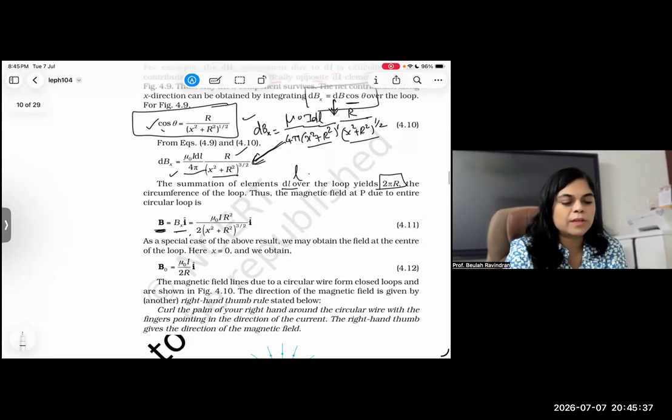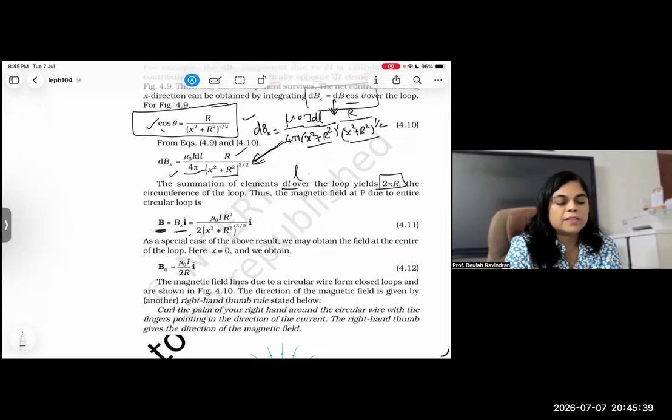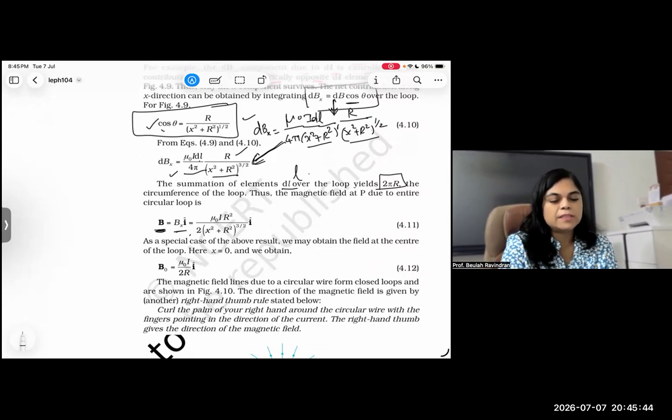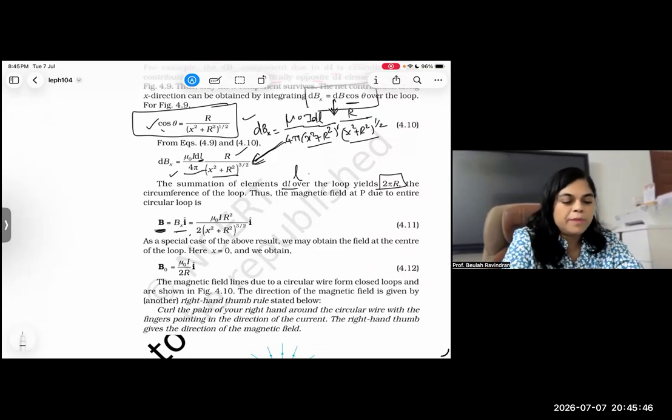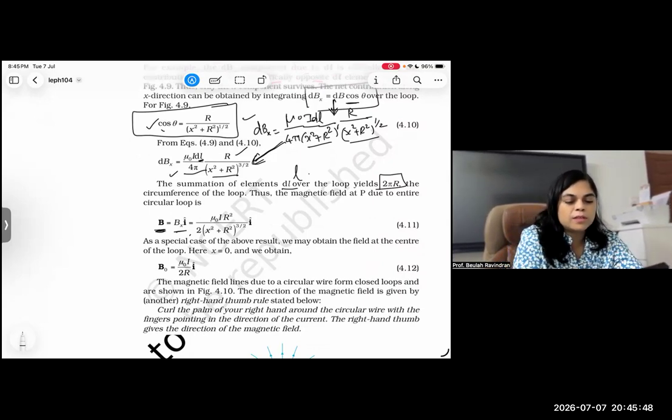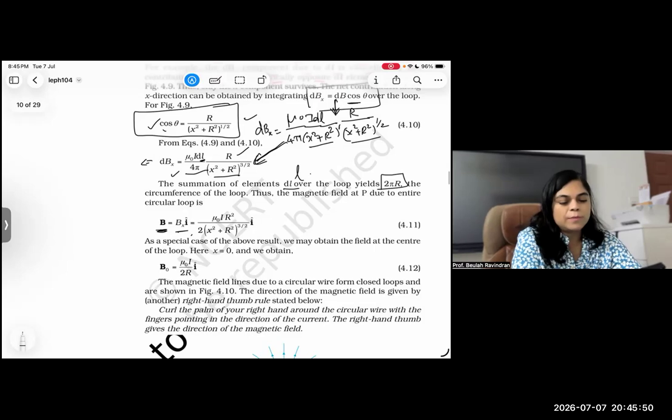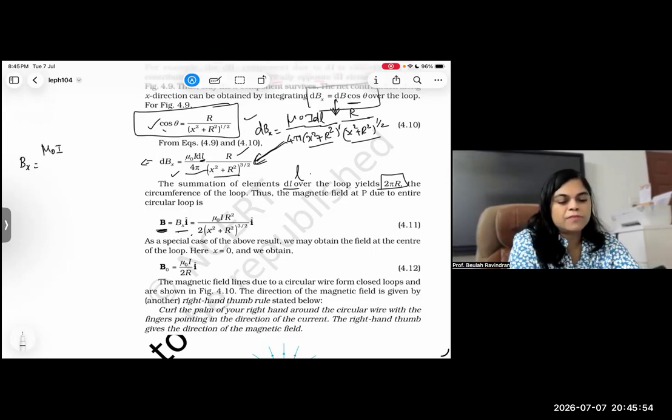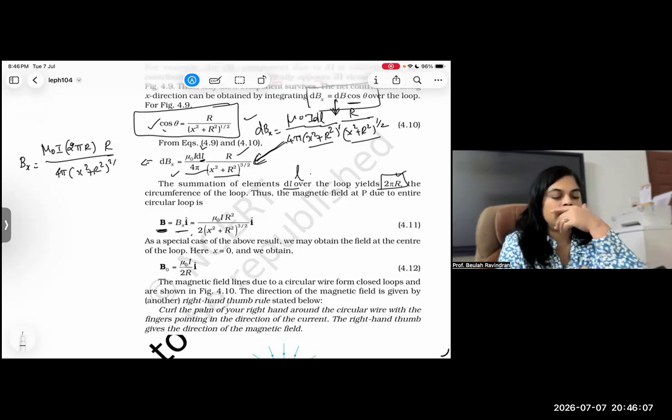Listen carefully: dBx is now turned to Bx. How will it be Bx? Mu naught I, and instead of dl you substitute the whole circumference, whole L, 2 pi r, into r by 4 pi into x square plus r square whole power 3 by 2.